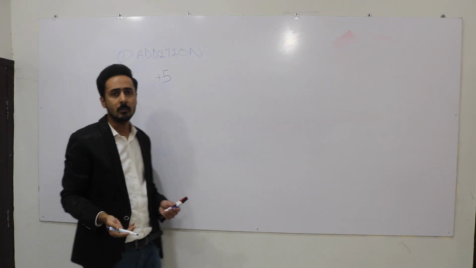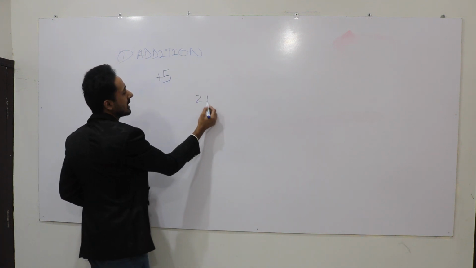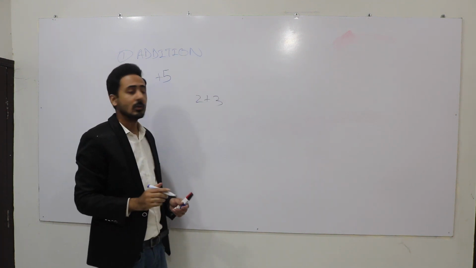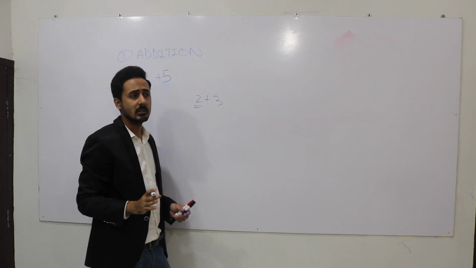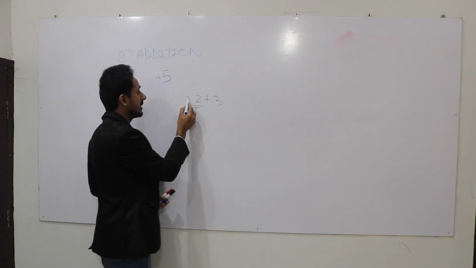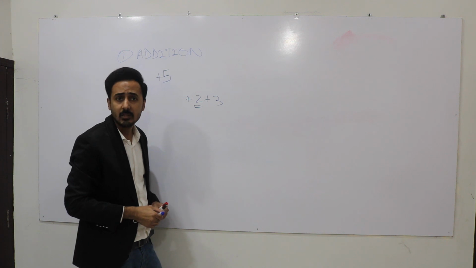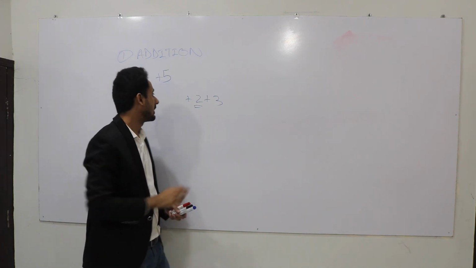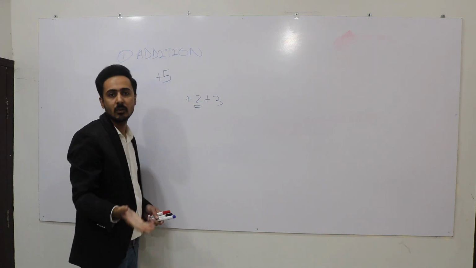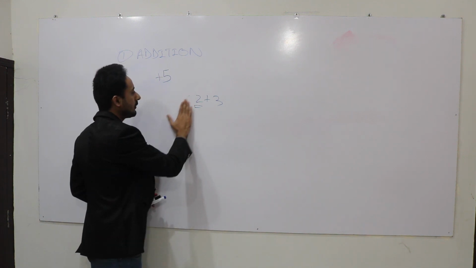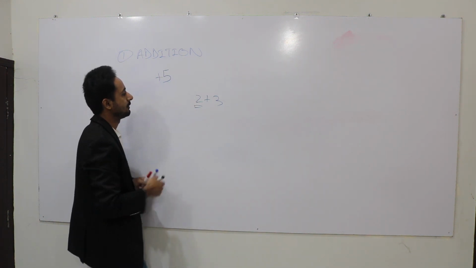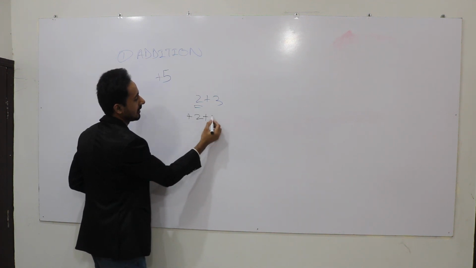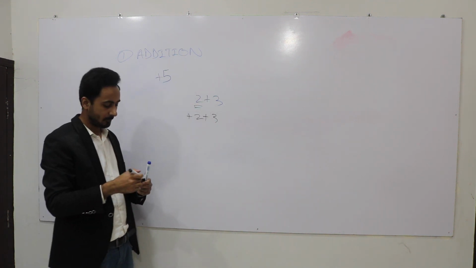Whenever we write numbers like 2 plus 3, for the starting number, it is not necessary to write a positive sign here. It is already understood that it is positive if we have not written any sign. So this and this both are the same things.